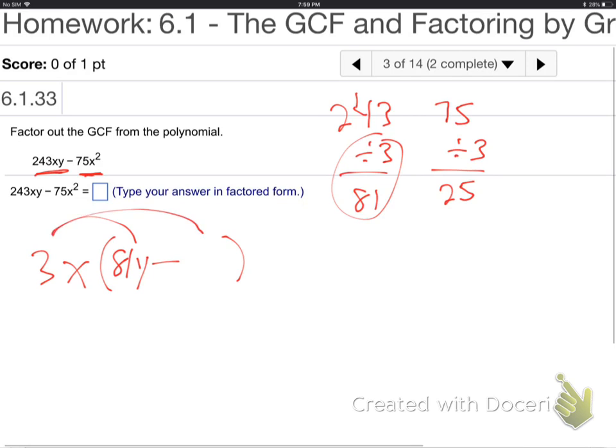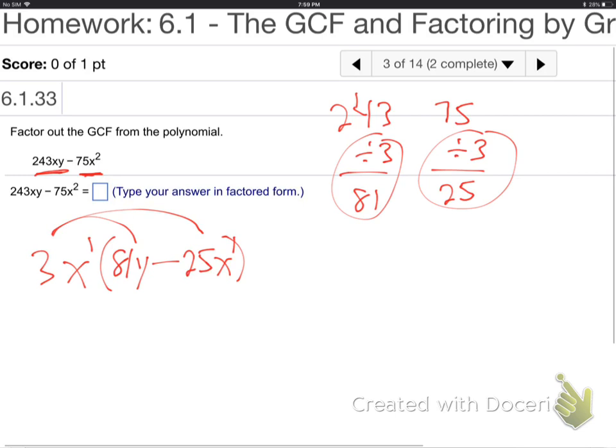And then 3x times what? We need 25, because 3 times 25. And what? x, because the invisible 1 adds up to be 2, doesn't it? If there's no power showing, it's an invisible 1. And there it is. It's factored.